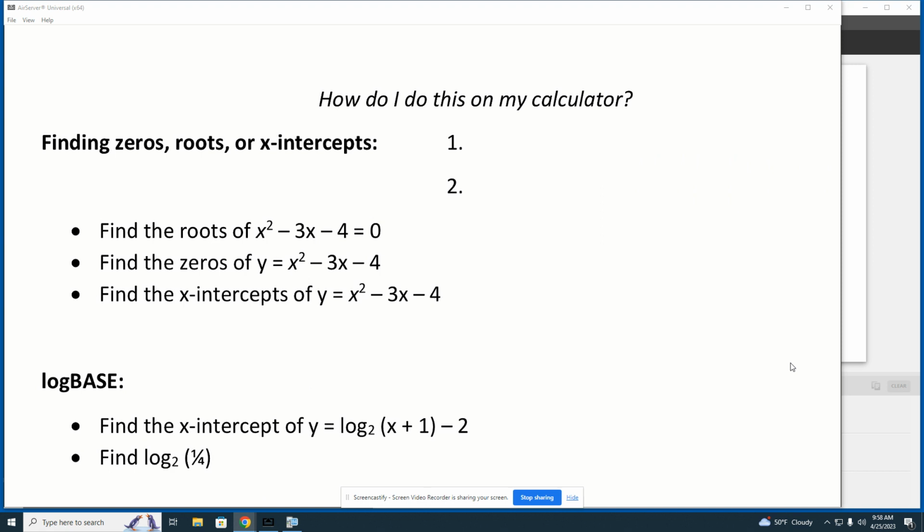Ready? If it says finding zeros, roots, x-intercepts, and I'm going to add another one, or solutions. If it says any of those 4 things, remember how we can do this. If you see all these problems down here, we're going to type these into y equals.